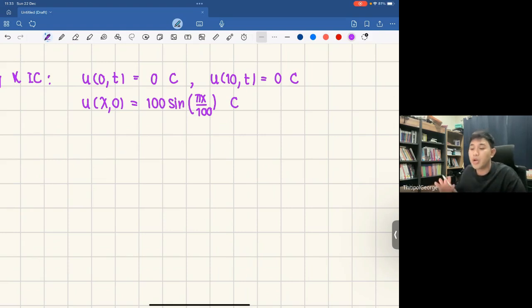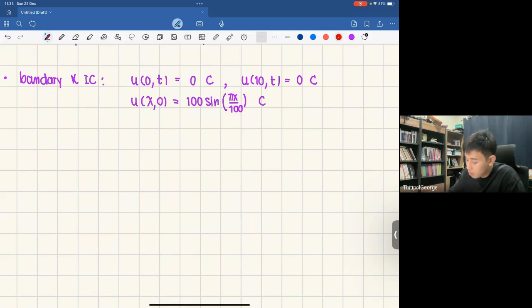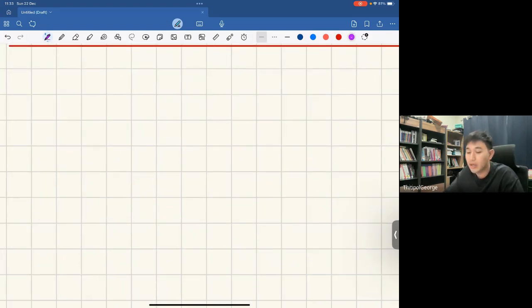So we are going to solve this heat equation through what we call the separation of variables. Let me start with, if we assume a separable solution, let u(x,t) be written as X(x) and then T(t).